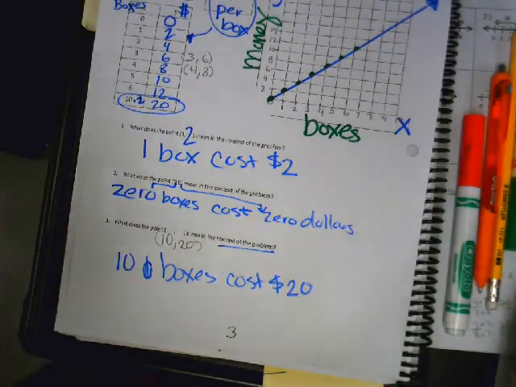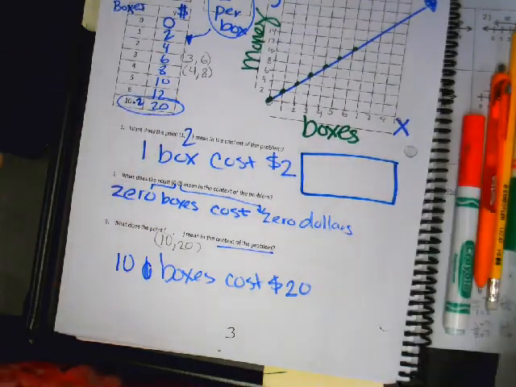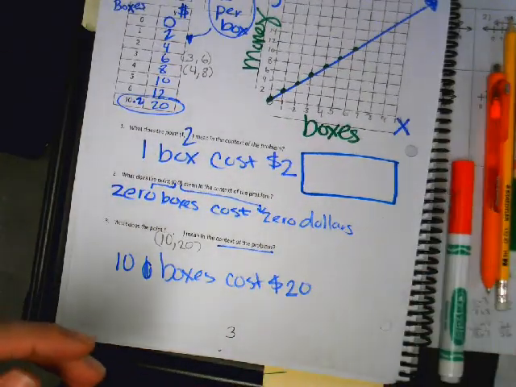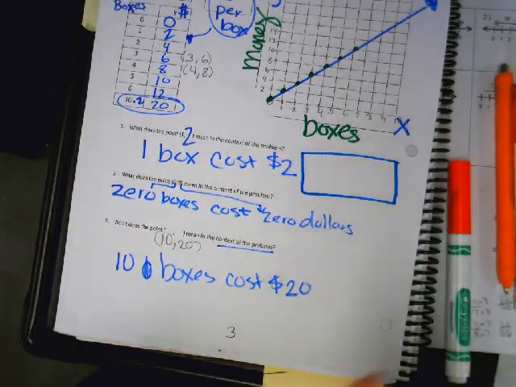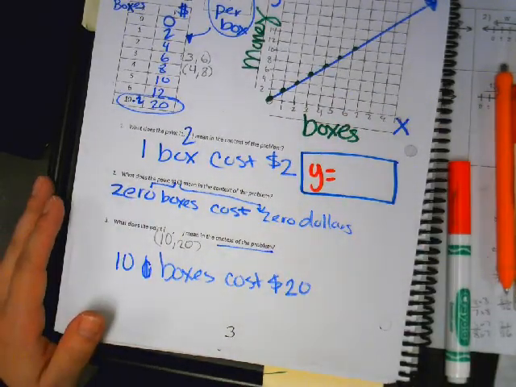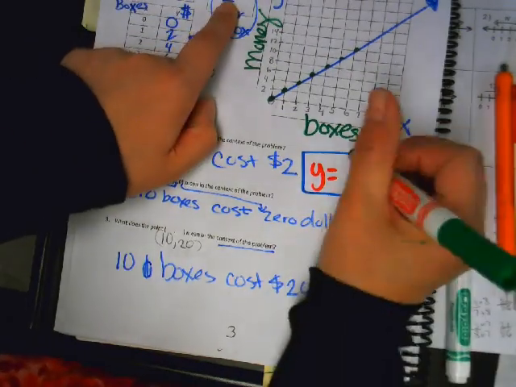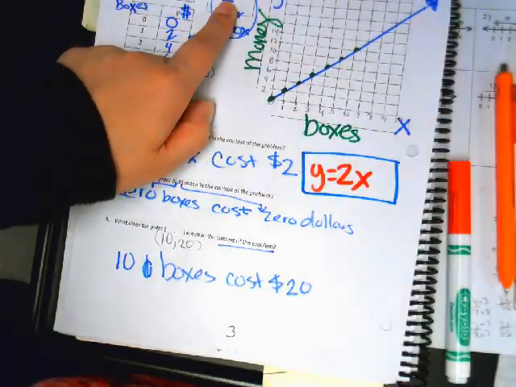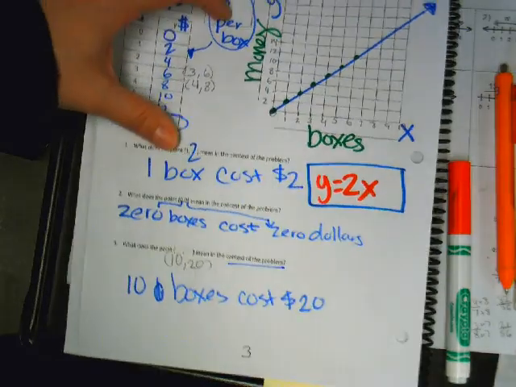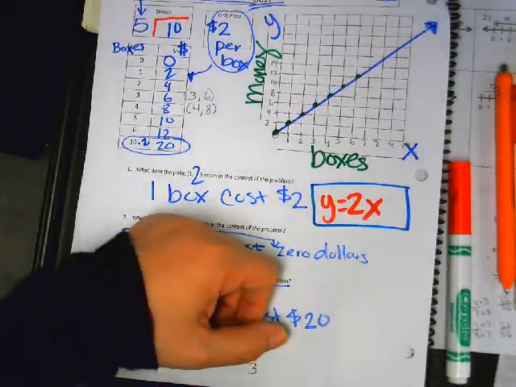So somewhere on here, where you have room, what would be the equation for page 3? Y equals 2x. Why 2? Because 2 is my unit rate. So it would be y equals 2x. And that's it.